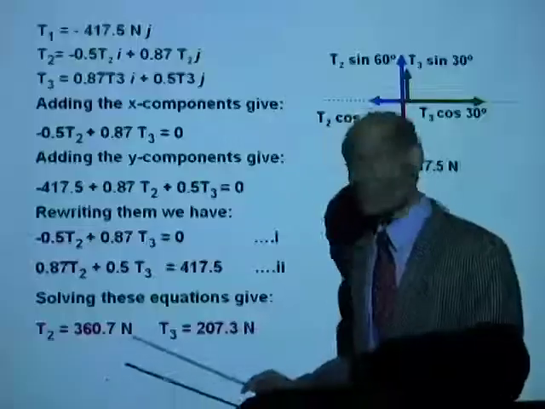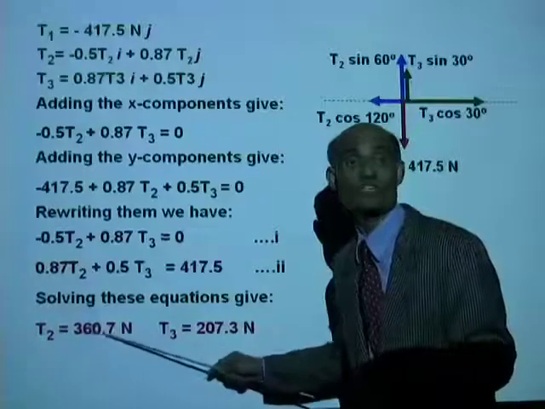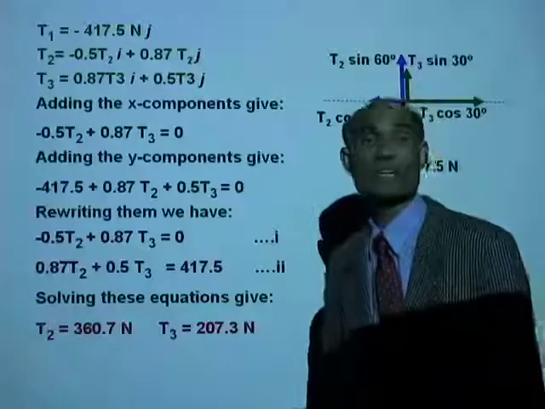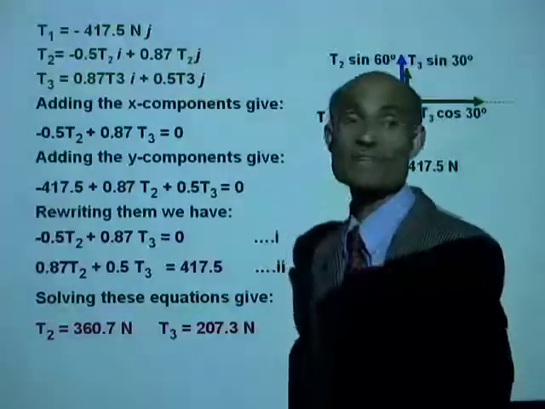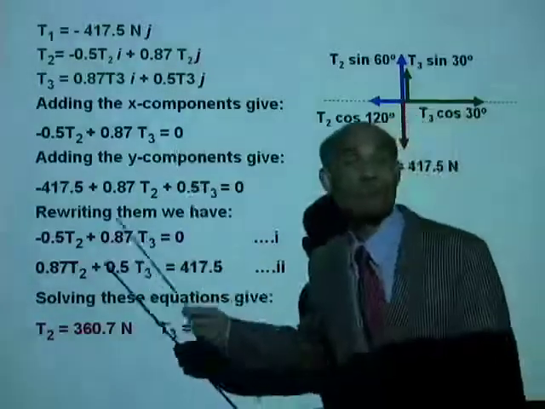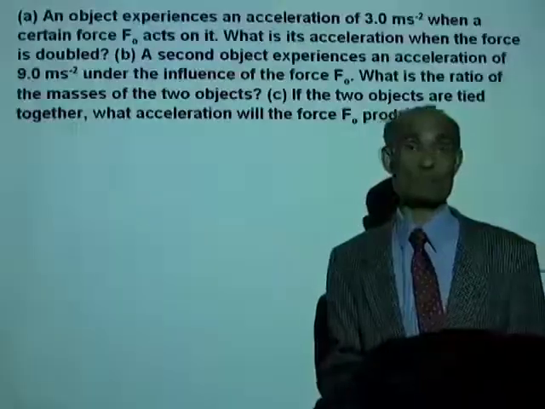Alright? The calculator solved these 2 equations for you. T2 is 360.7 Newton and T3 equal to 207.3 Newton. Now, this is a beautiful problem, and you must spend some time solving these kinds of problems.